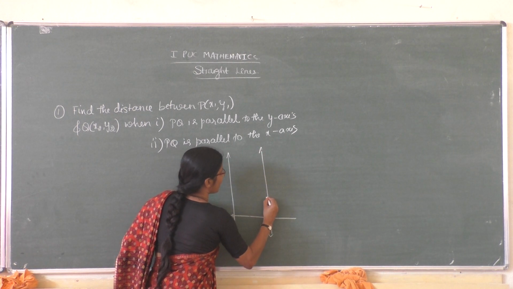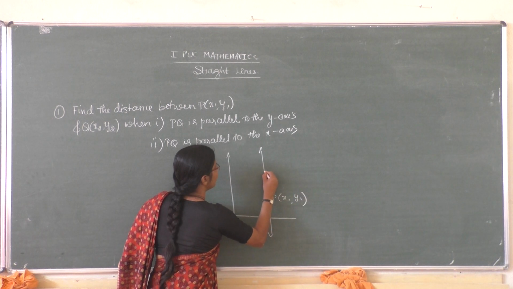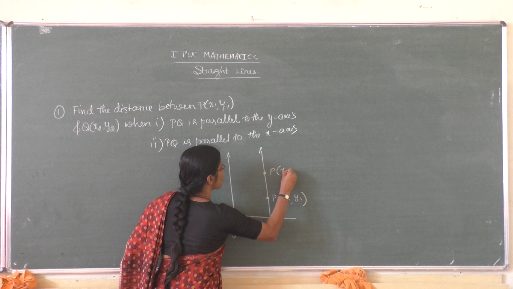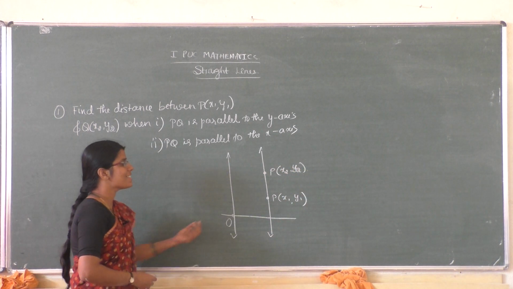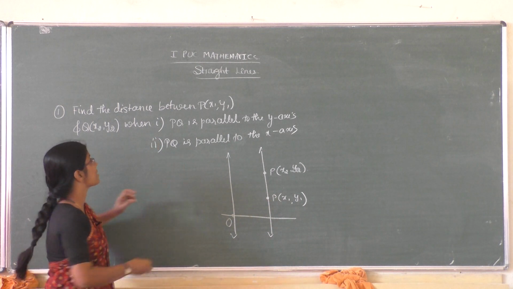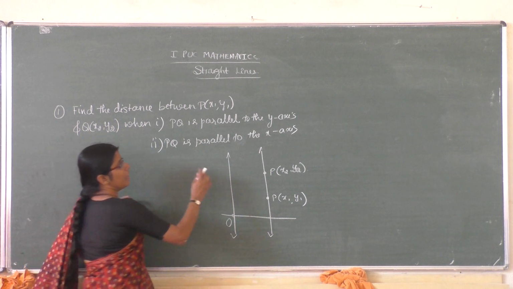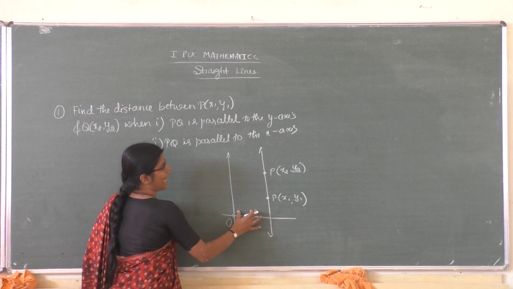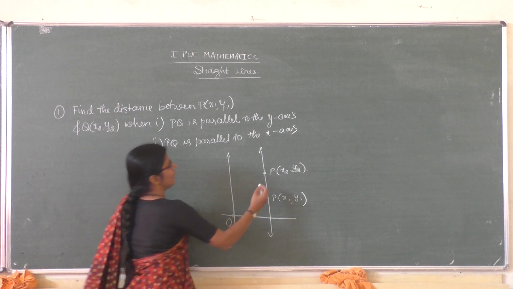So we take a point P of x1 comma y1 and here Q of x2 comma y2. See, if a line is parallel to the y-axis, the x coordinates are equal. That means if PQ is parallel to the y-axis, then x1 is equal to x2. You have to find this distance.